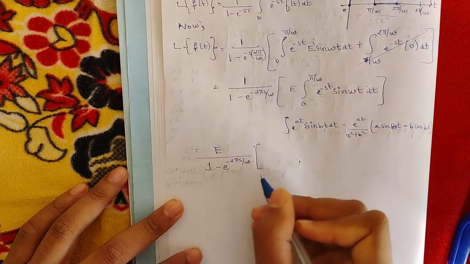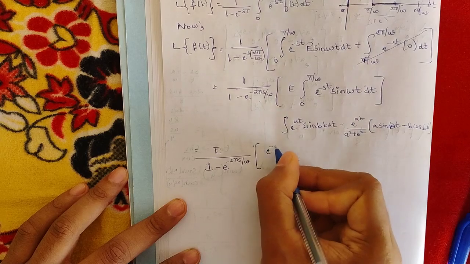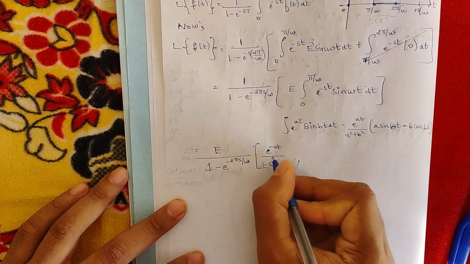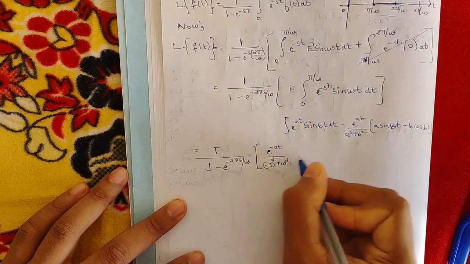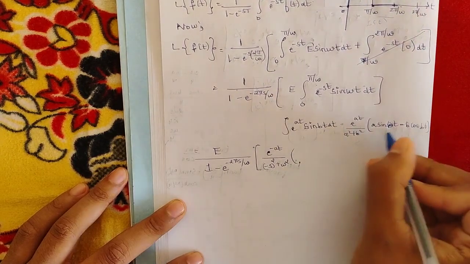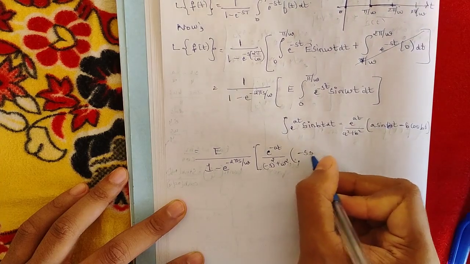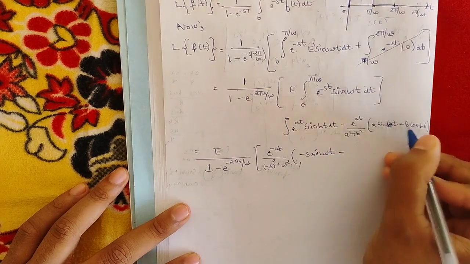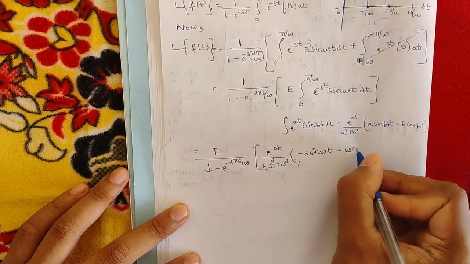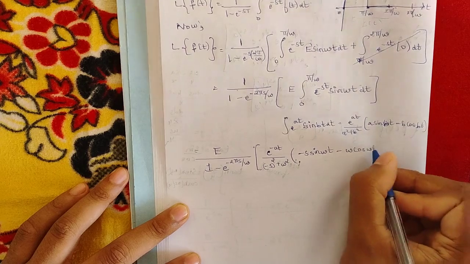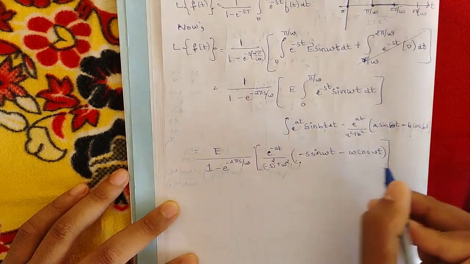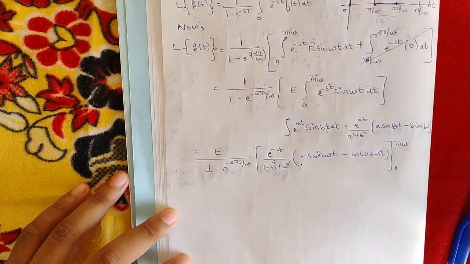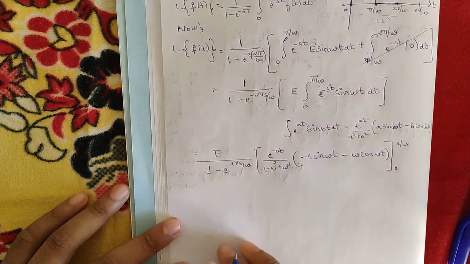What you will get is e to the power minus st divided by minus s the whole square plus omega square, into a sine bt, so minus s sine omega t, minus b cos bt, that is omega cos omega t. This is the integration and the limits are from 0 to pi by omega. Now apply the limits.